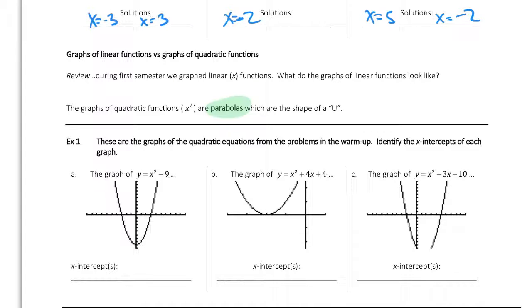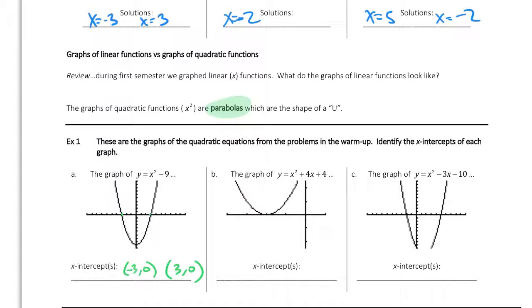In example 1, the directions say these are the same equations as the three we just did above, and we're asked to find the x-intercepts of each graph. The x-intercepts are the points where the graph crosses the x-axis. So in problem A, we have an x-intercept at negative 3, 0, and an x-intercept at 3, 0.